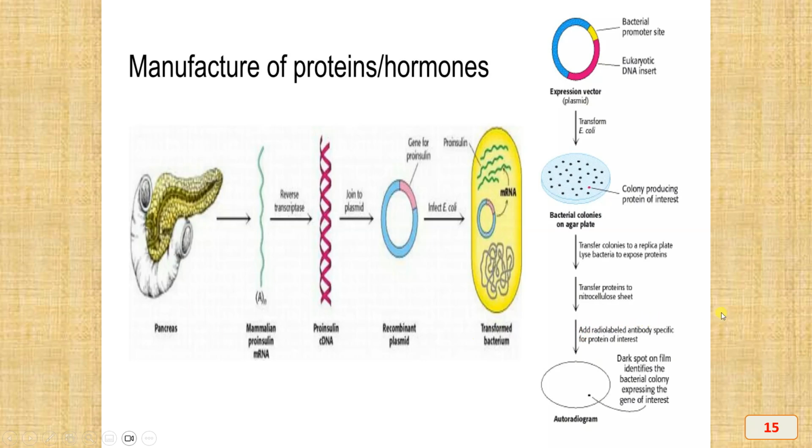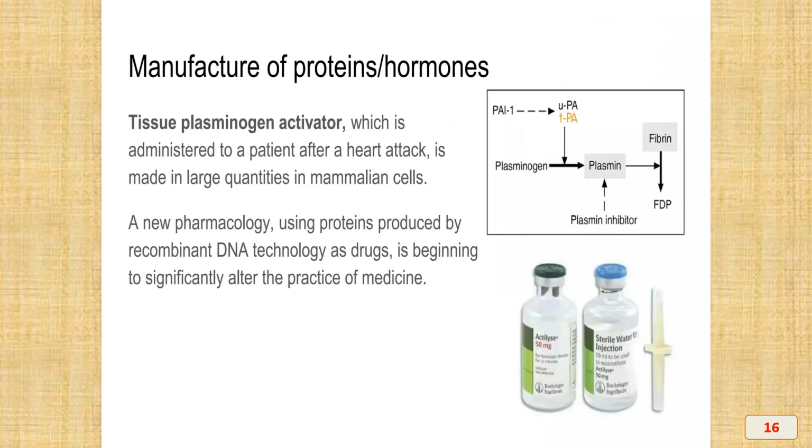Later, radiolabeled antibody specific for the protein of interest is added. Then an autoradiogram is prepared, and hence manufacturing of tissue plasminogen activating factor, which is administered to a patient after a heart attack and is made in large quantities in mammalian cells.